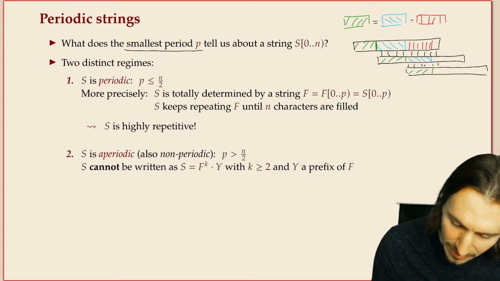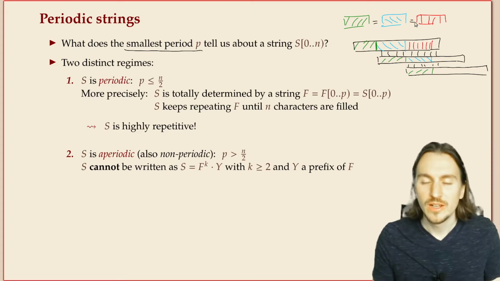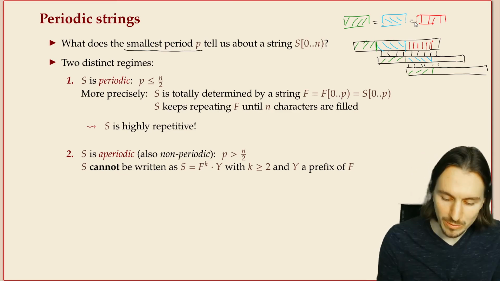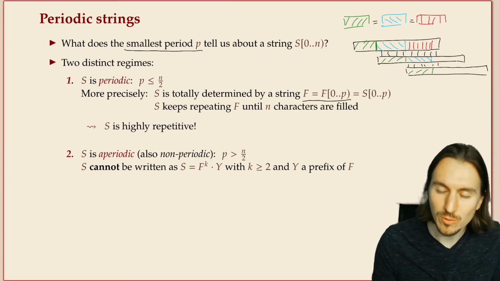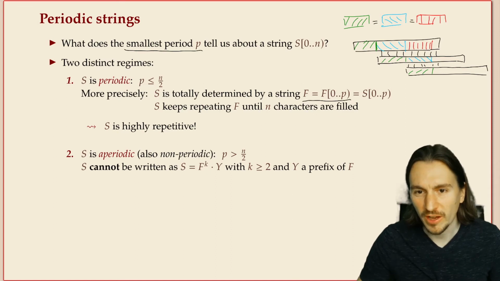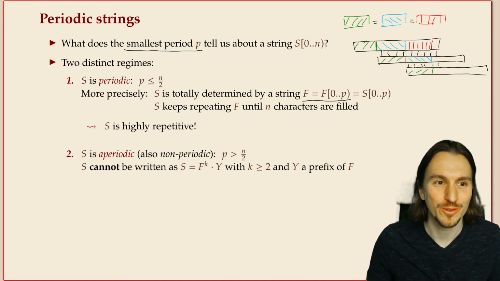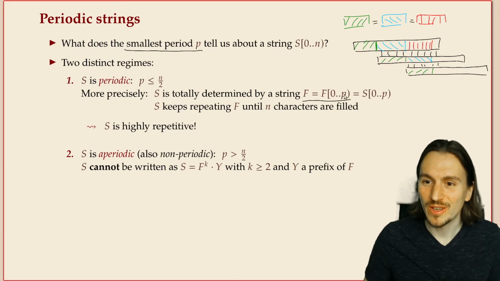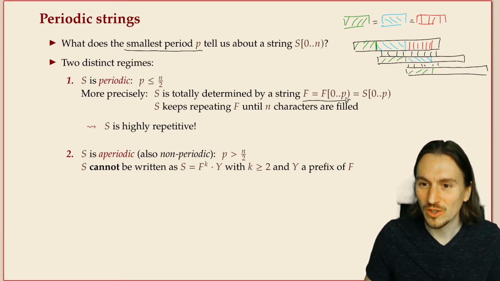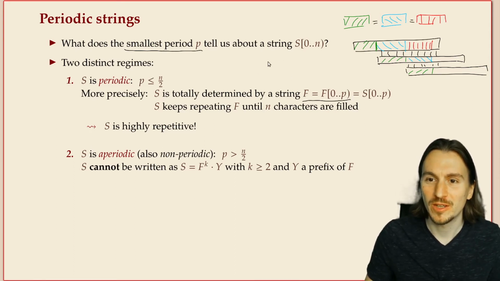They're exactly identical. And so what this means is there's a smaller string, f, a factor in the terminology that people use for this. This factor is only of length p, which might be much shorter than n.